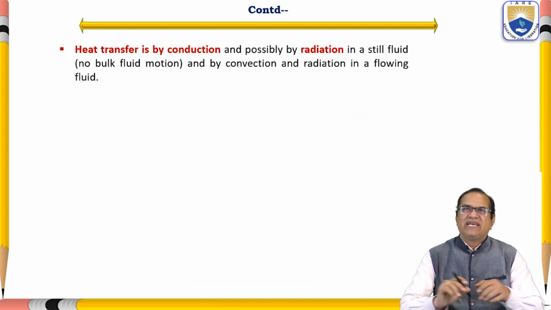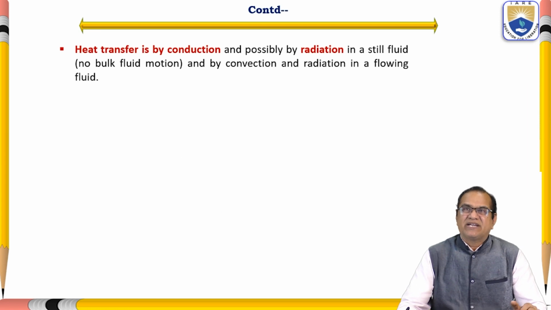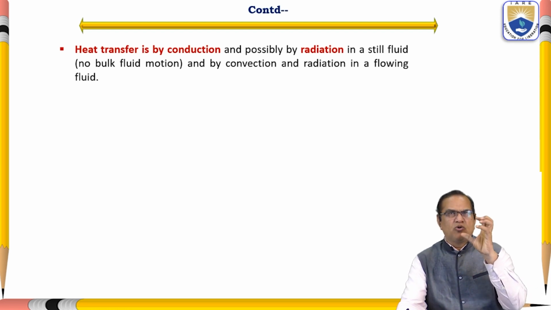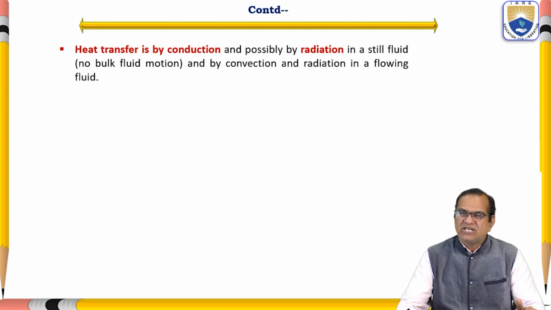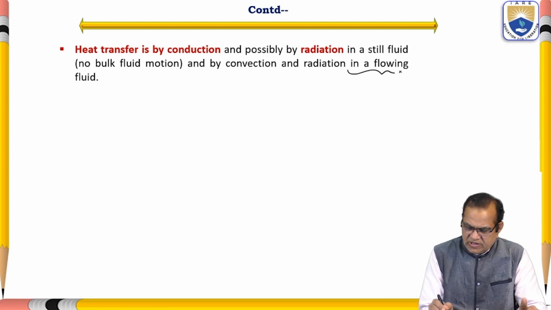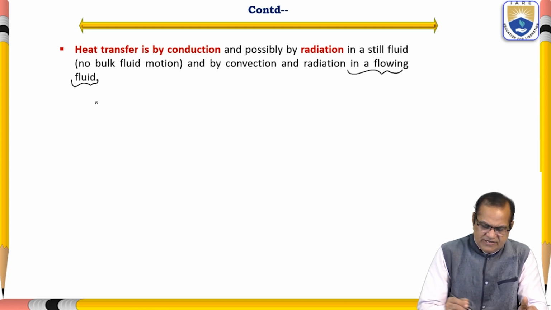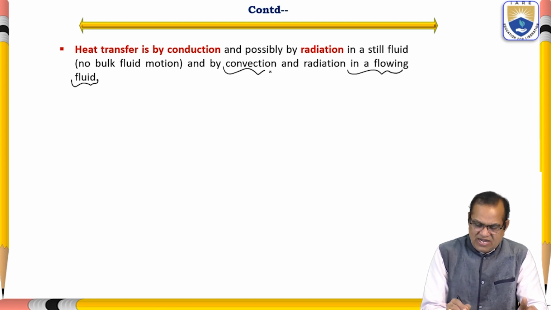Now we can see that heat transfer is by conduction and possibly by radiation in a still fluid, with no bulk fluid motion, and by convection and radiation in a flowing fluid. So if no fluid is available, the heat transfer will take place by conduction and radiation. If fluid is available, then convection will take place.